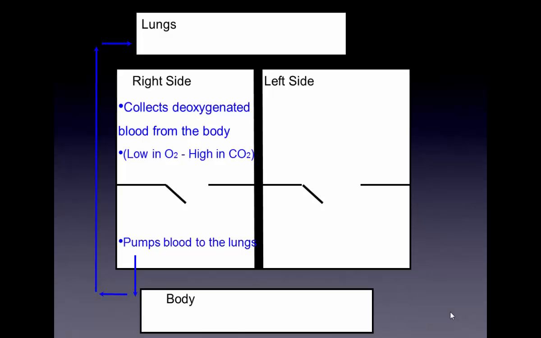So what's going to happen to the blood? This blood, when it reaches the lungs, it's going to change. What happens to the blood when it reaches your lungs, this deoxygenated blood? Turns into what? CO2.